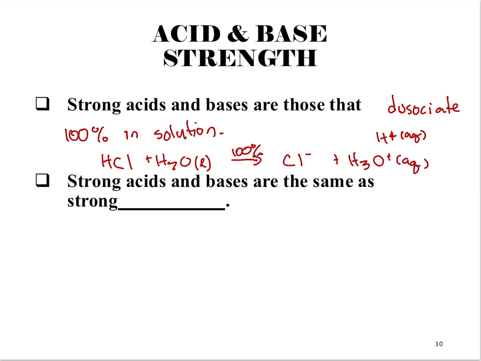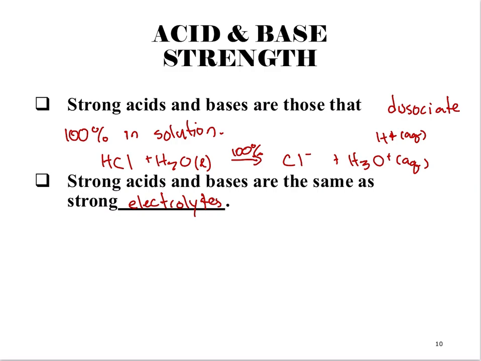Electrolytes conduct electricity in solution, but that was when we put an ionic compound in solution. It was a strong electrolyte when it dissociated completely into its two ionic components. So sodium chloride is a strong electrolyte, because when you put it in solution, 100% of the time it dissociates into Na plus and Cl minus. So these are the same as strong electrolytes.